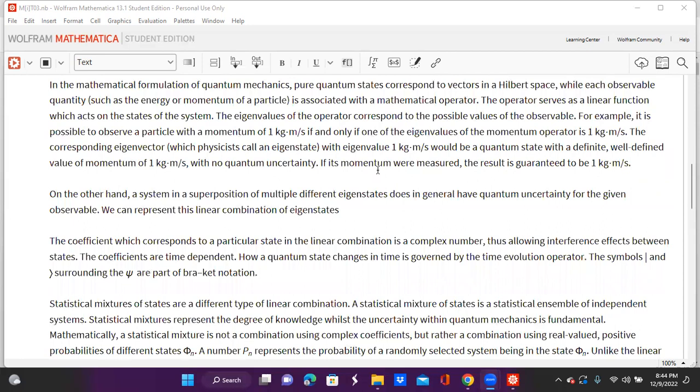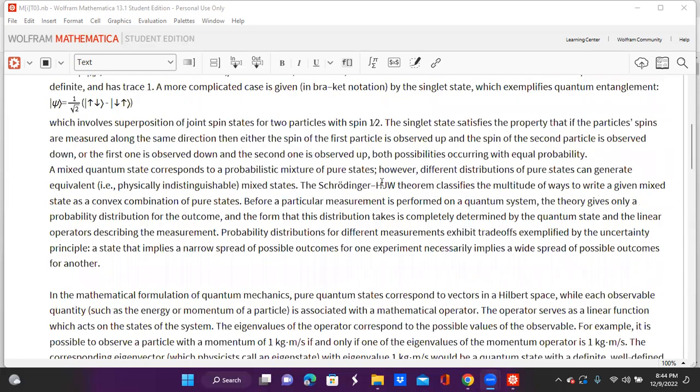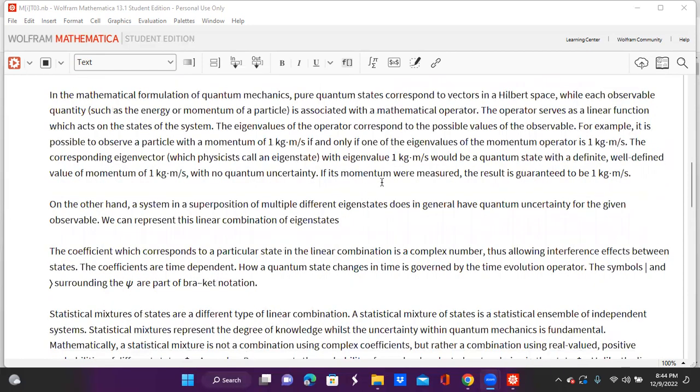In the mathematical formulation of quantum mechanics, pure quantum states correspond to vectors in a Hilbert space, while each observable quantity, such as the energy or momentum of a particle, is associated with a mathematical operator. The operator serves as a linear function which acts on the states of the system.